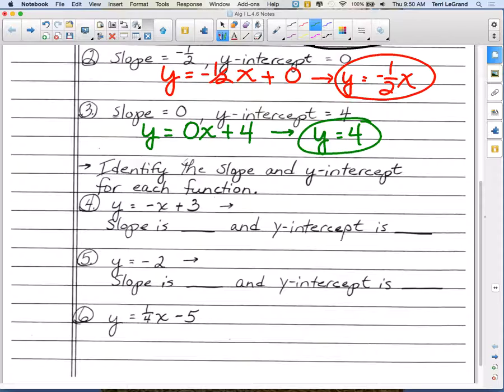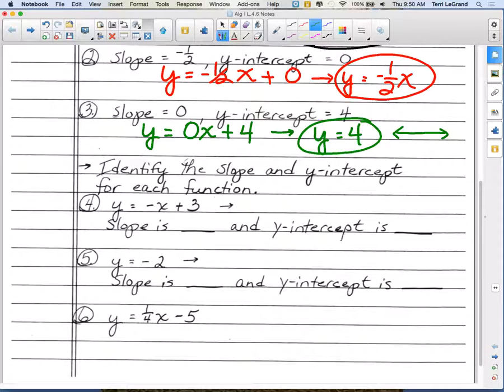Okay, let's do just a quick one, because I need you to start making this connection also. What kind of a line has a slope of 0? This is what kind of a line? This is a horizontal line. Yeah, let's just draw a little sketch of that to show you. We have a horizontal line here. When you do not have an x term in your linear equation, that means you have a horizontal line.